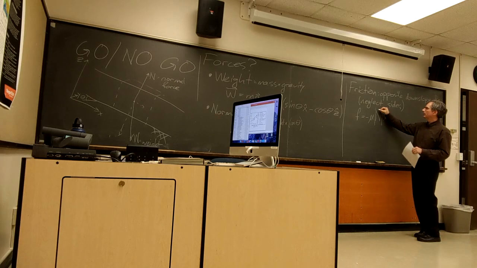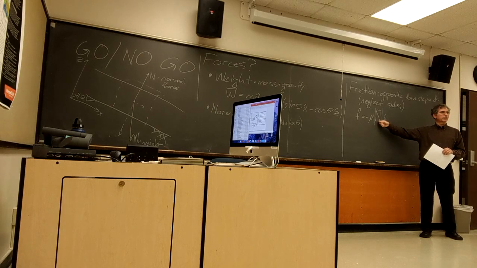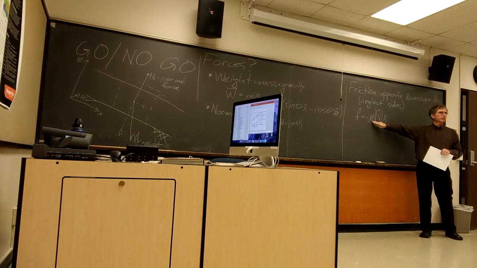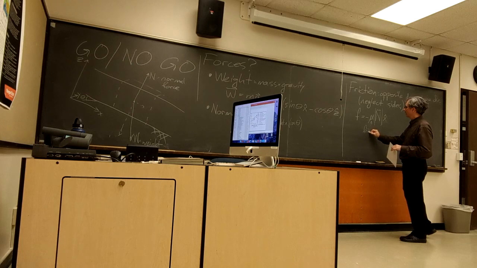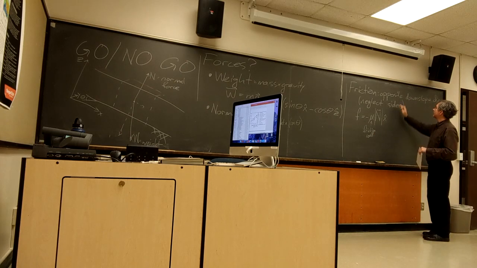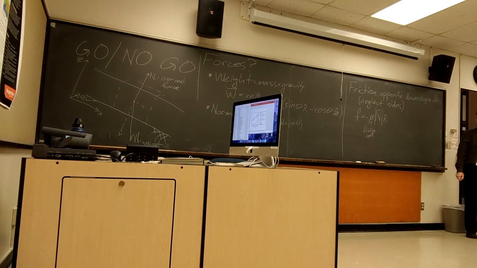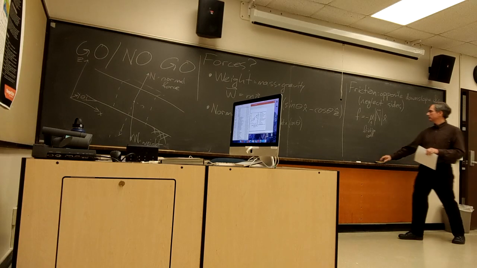Just being explicit here for now, taking the magnitude of my vector normal, multiplying it by a friction coefficient, and it's acting opposite that downslope direction. Okay, let's leave that at that for now.